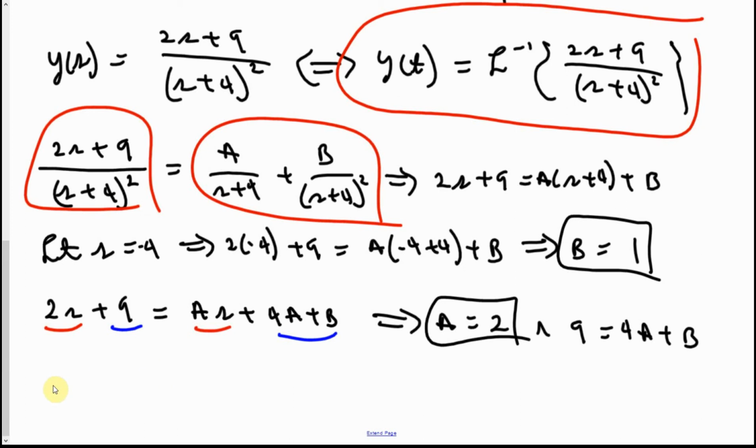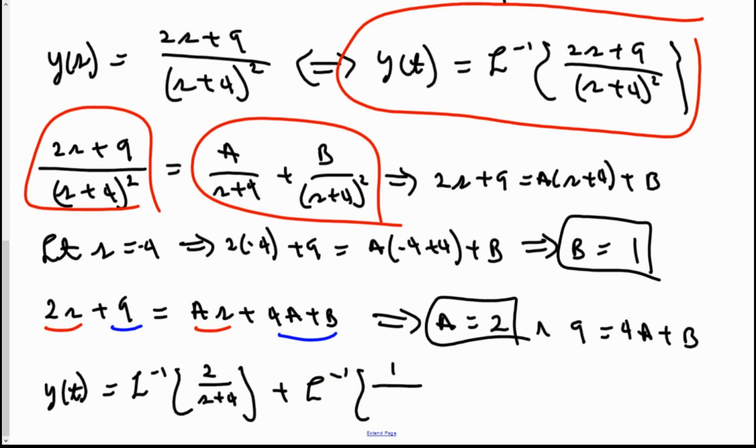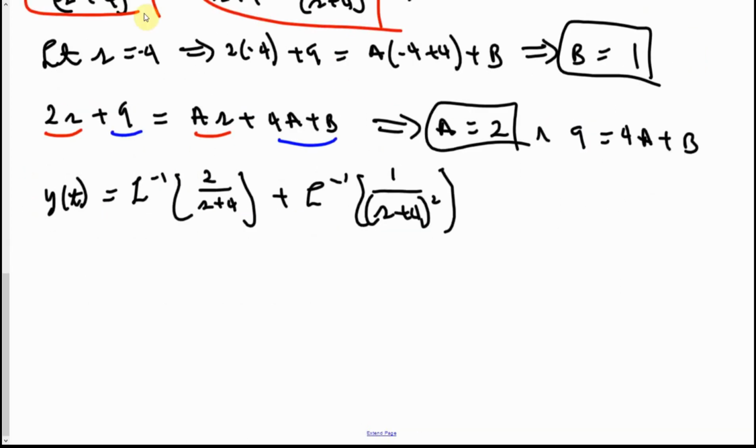So what that gives us is y of t is equal to the inverse transform of A, which is 2 over (s plus 4), plus the inverse transform of B, which is 1 over (s plus 4) to the second. Okay. So y of t, our answer, is just 2 times e to the negative 4t.